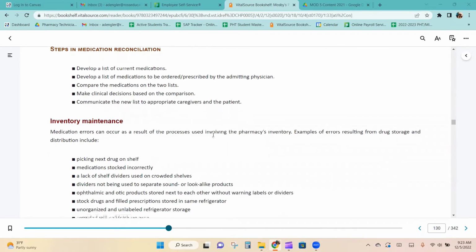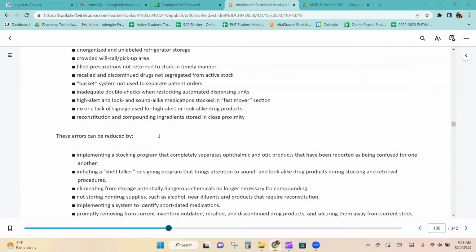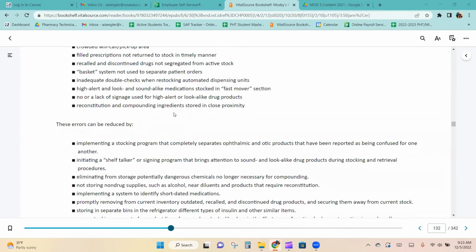A lot to learn. Medication errors can occur as a result of the processes used involving the pharmacy's inventory. So picking the next drug on the shelf, medication stacked incorrectly, a lack of shelf dividers used on crowded shelves, a crowded will call pickup area, recalled and discontinued drugs not segregated from active stock, reconstitution and compounding ingredients stored in close proximity.